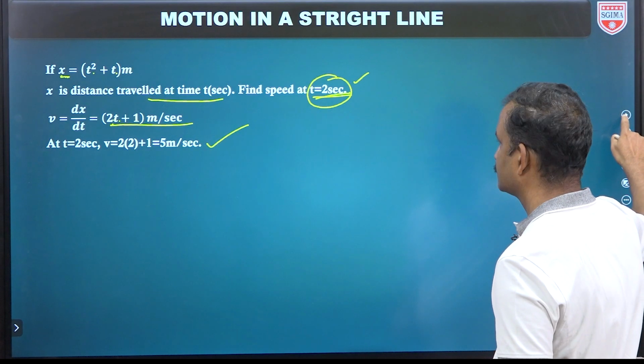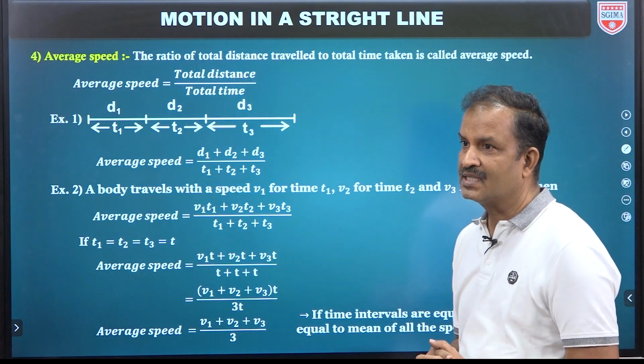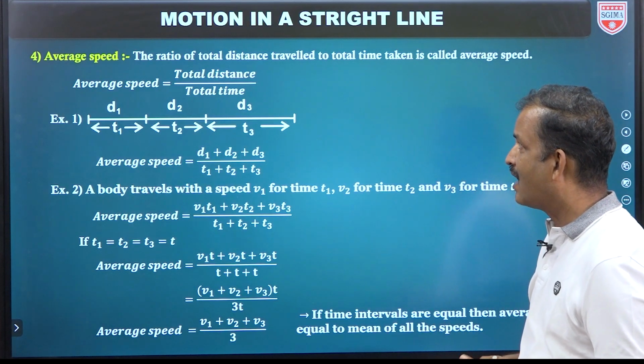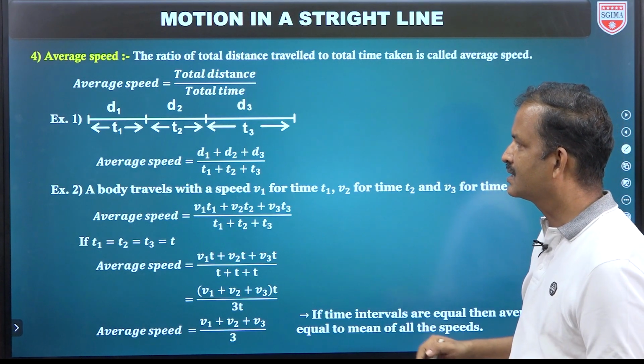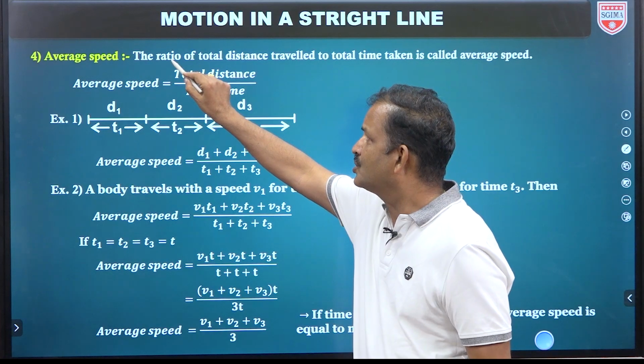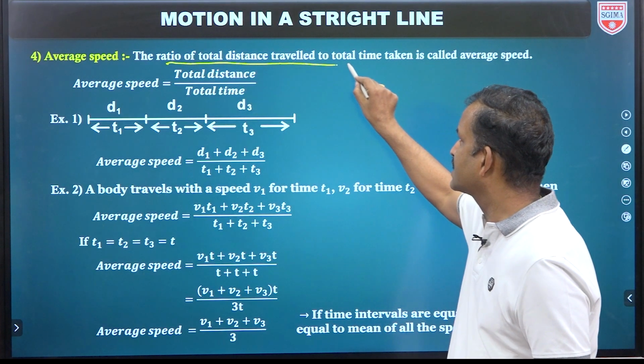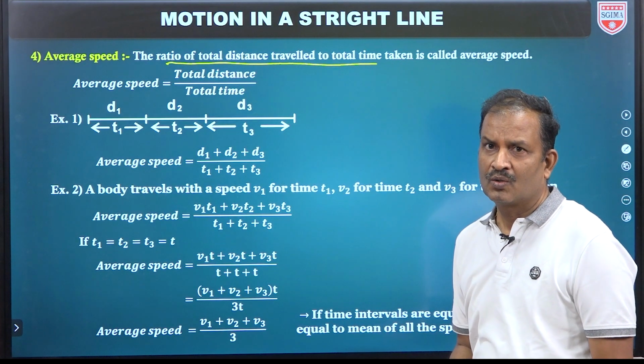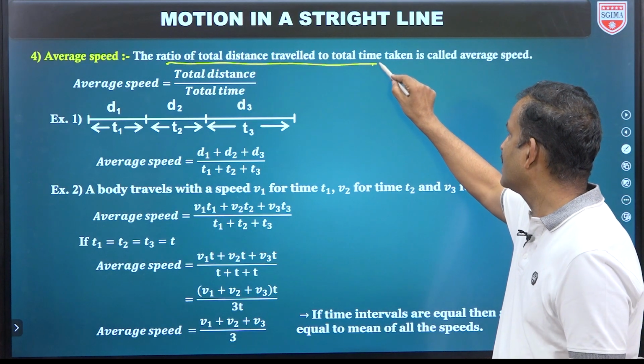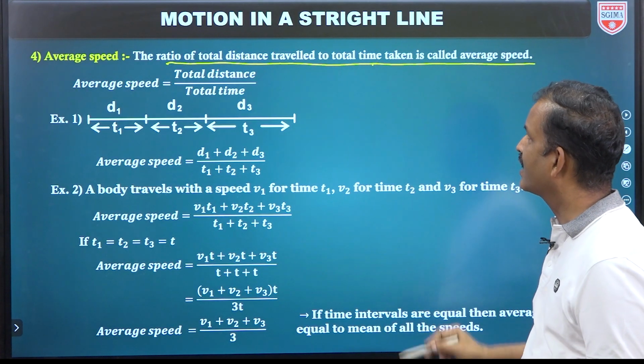Next, average speed. Average speed means the ratio of total distance travelled to total time taken.